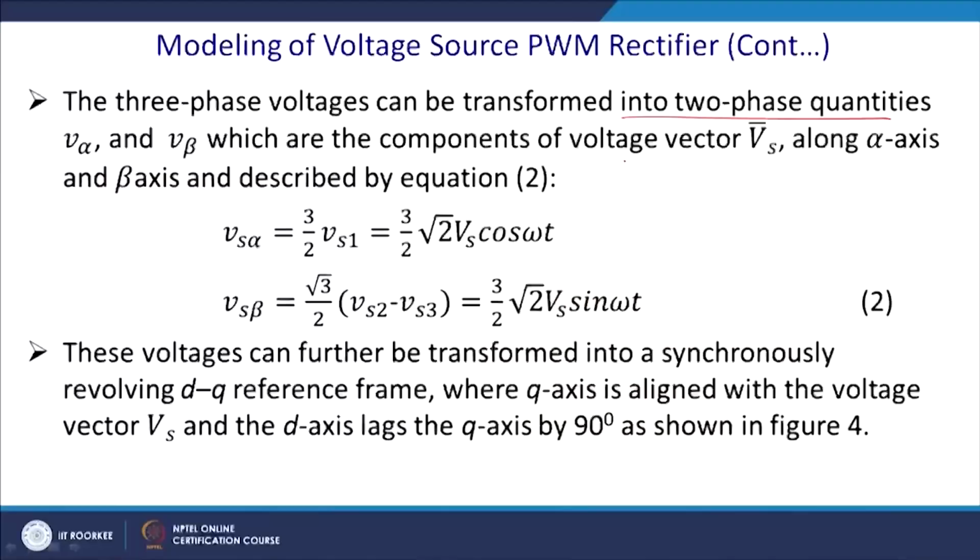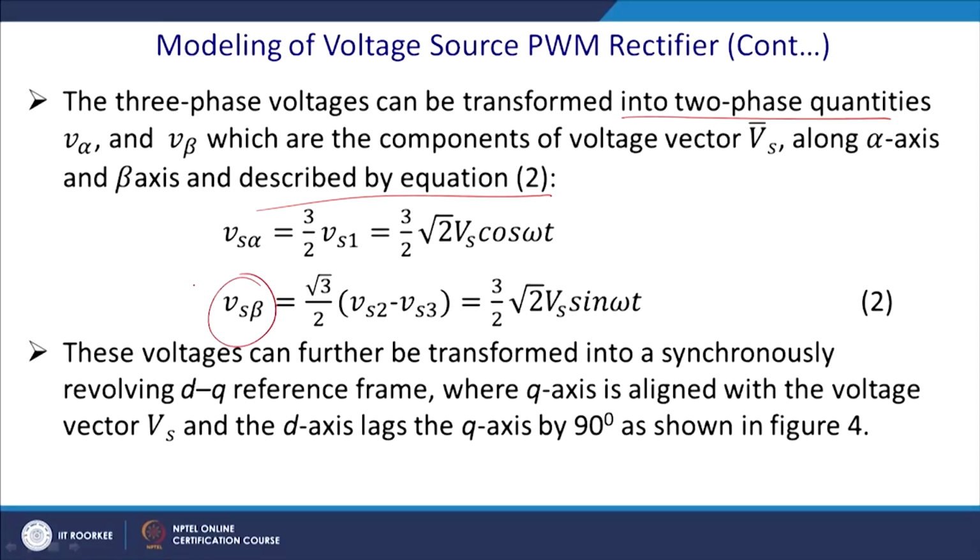which are the components of the voltage vector Vs along the alpha axis and the beta axis, described by equation 2, that is V alpha equal to 3 by 2 Vs1 equal to root 3 by 2 Vs cos omega t.